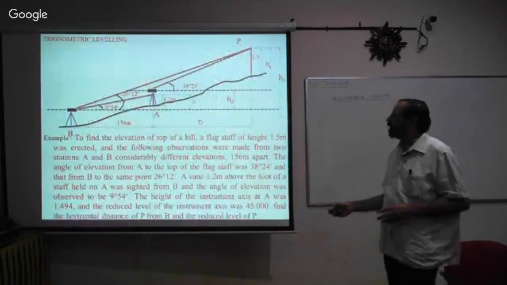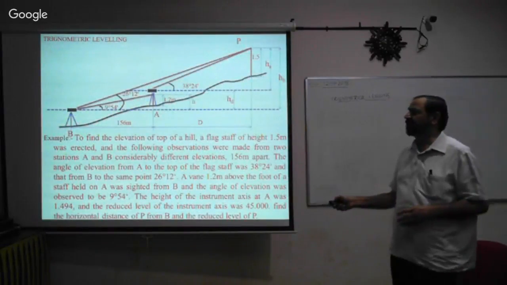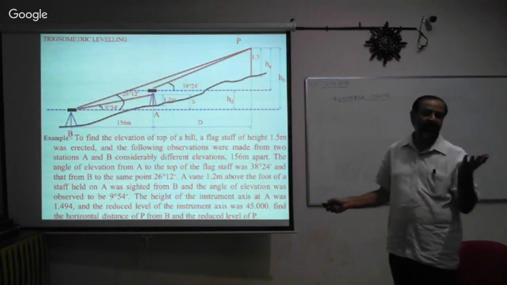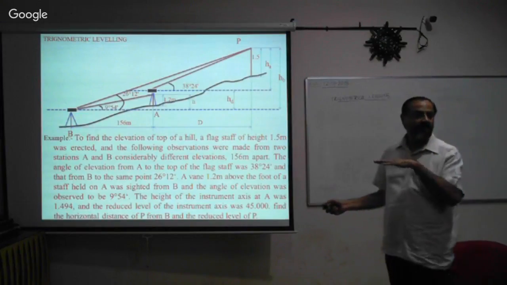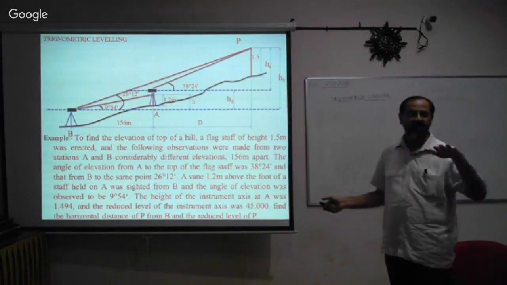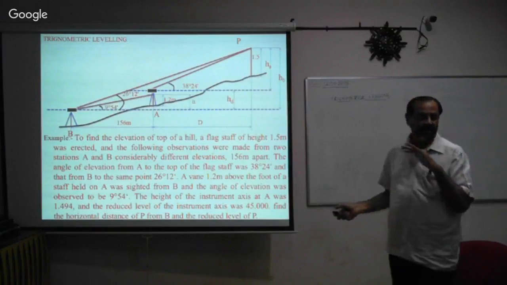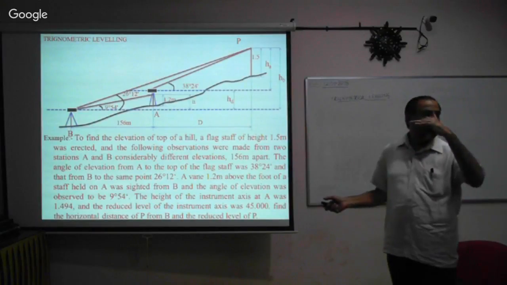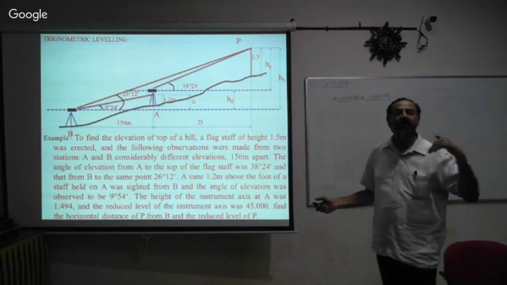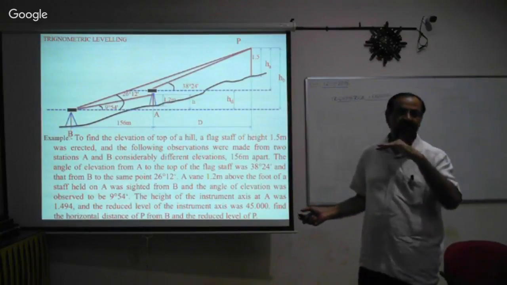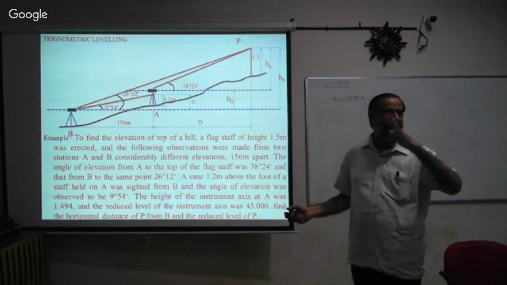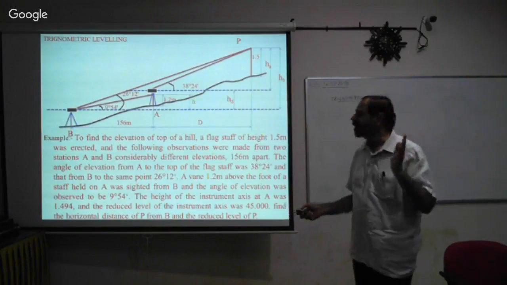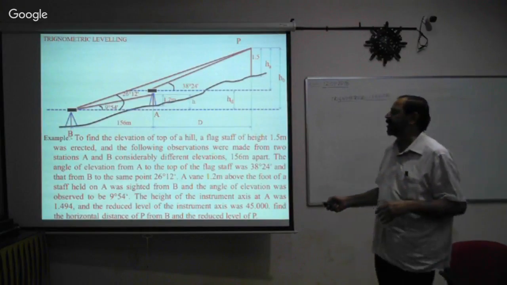Now see, in this problem, this is the fourth situation. In the previous three situations, both the instrument axes are at the same level. In the second situation, one axis is above, the other axis is below. Similarly, in the third situation, one axis is below and the other axis is above. These are different situations we have come across.